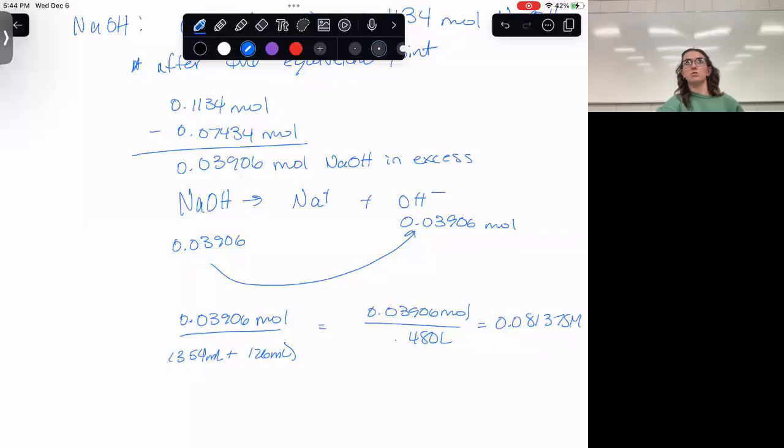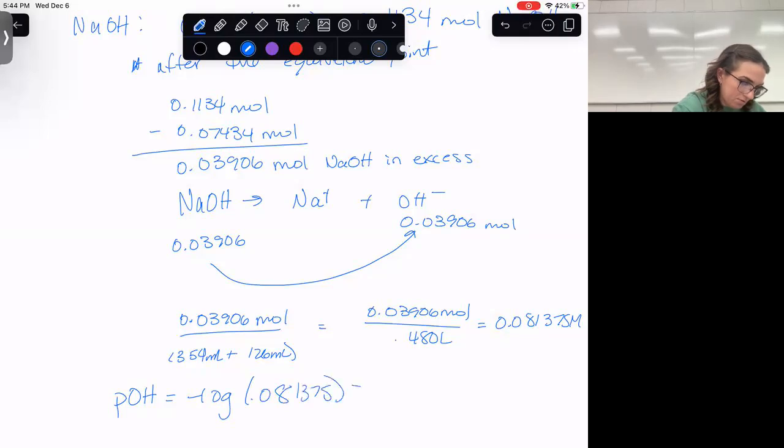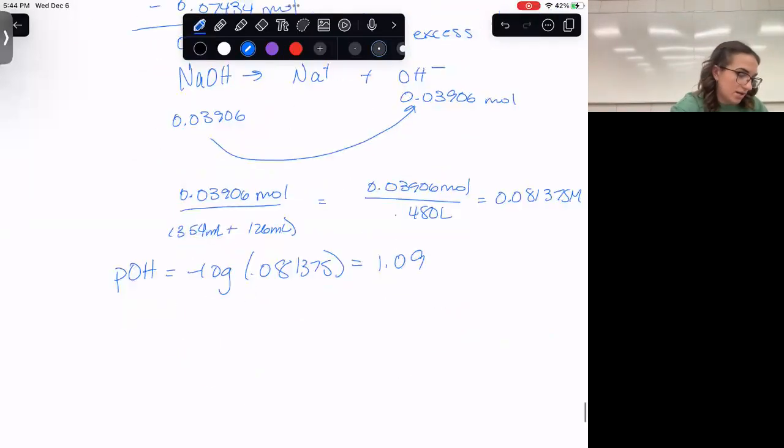So how do we find pH? Yep, so in order to find pH, we have to find the pOH first. How do you find pOH? Yep, we'll take the negative log of what we just found. And then how do we find pH? Yep, and then we'll subtract this from 14.